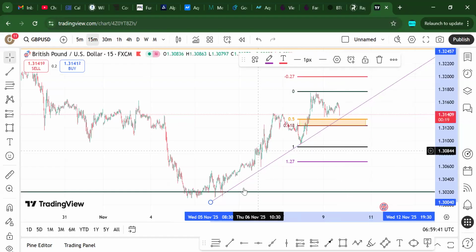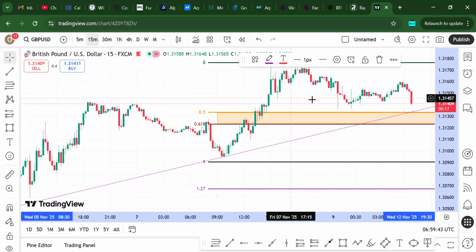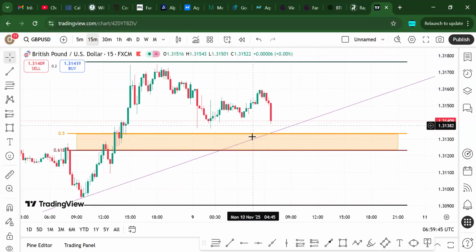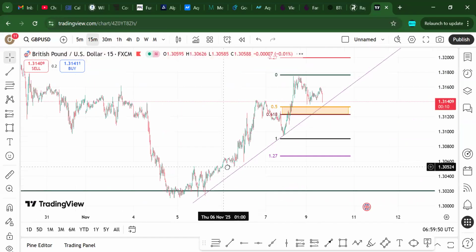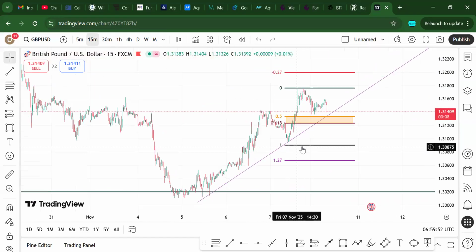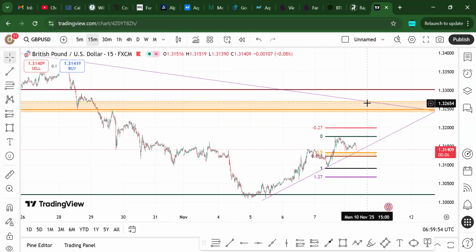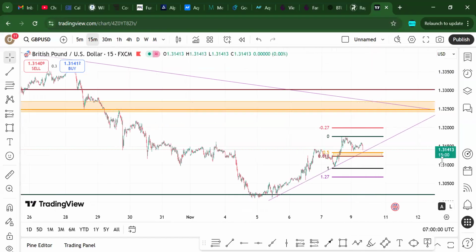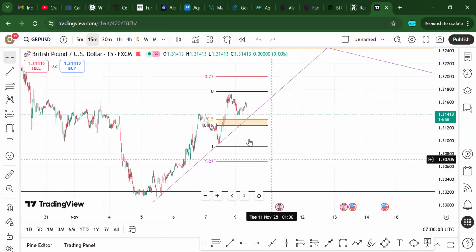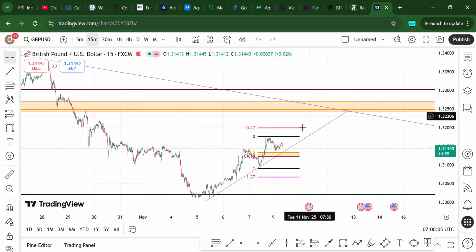So once there's a third touch of the trend line and I see bullish activities, then I can take my trade with stop loss around this area, and then my take profit, my target, would be this area.